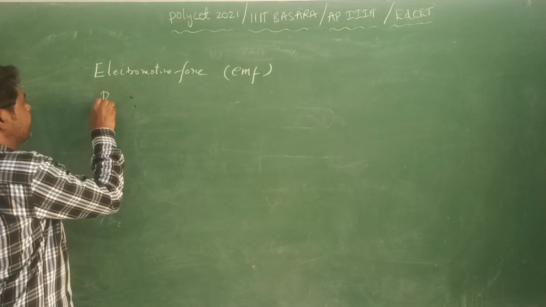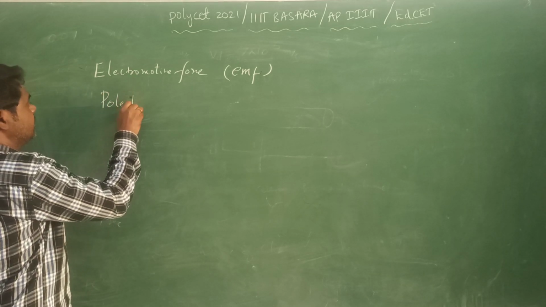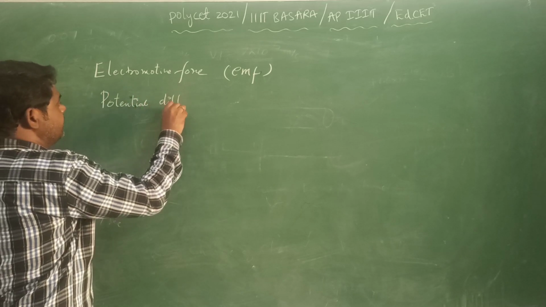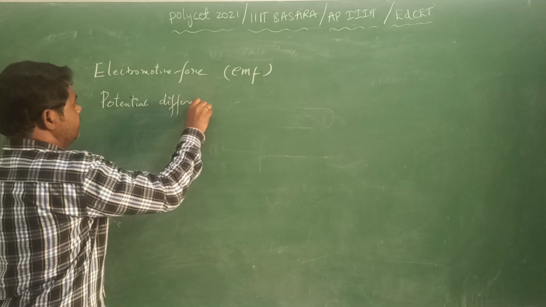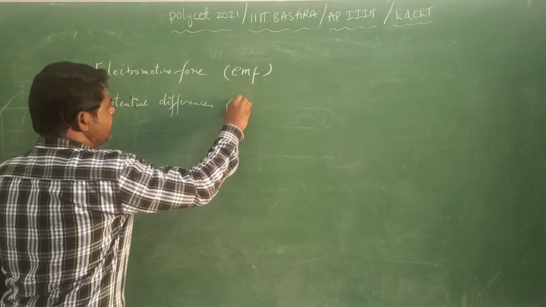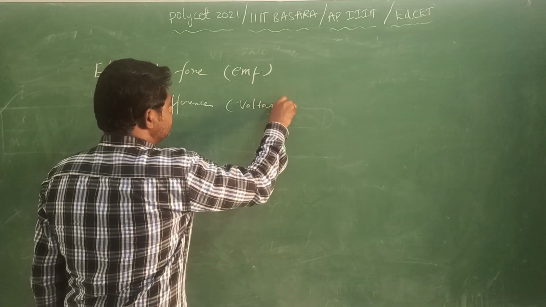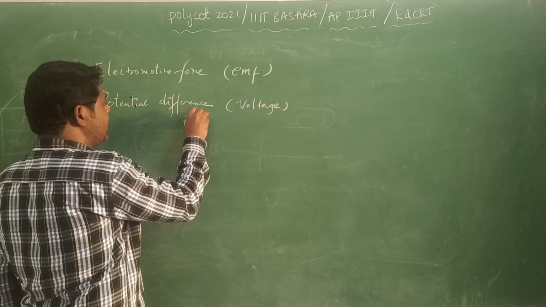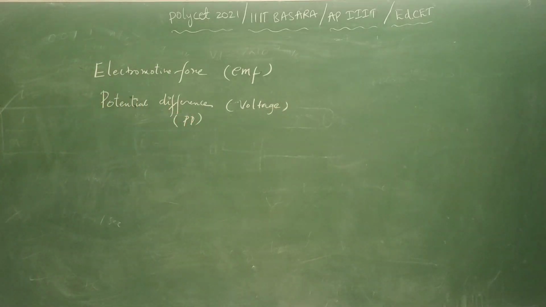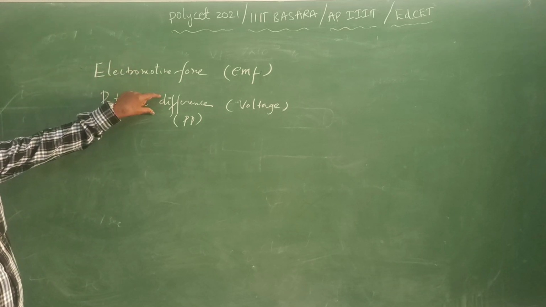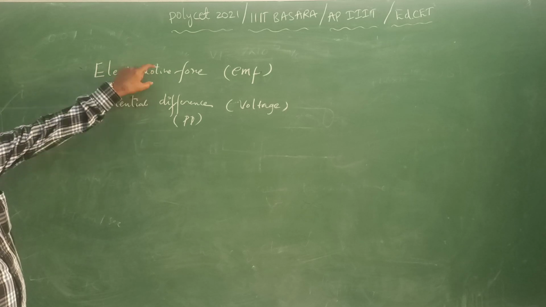And the next one is potential difference. This is also known as voltage. So potential difference is also known as voltage, right? So electromotive force and potential difference, these two are very, very important terms.